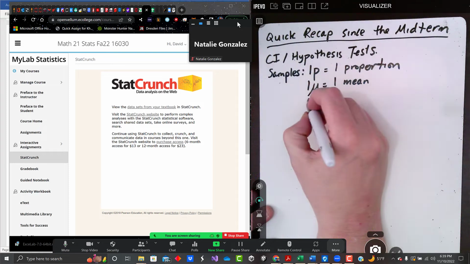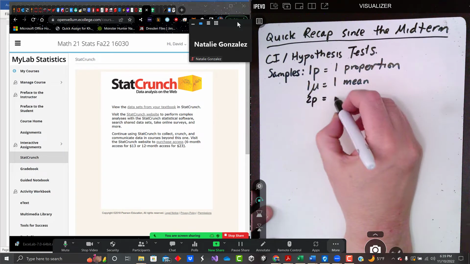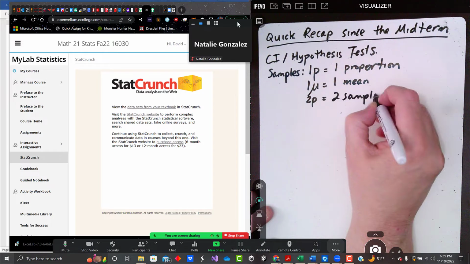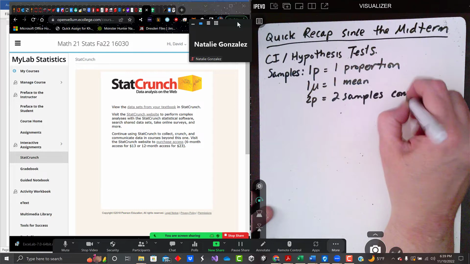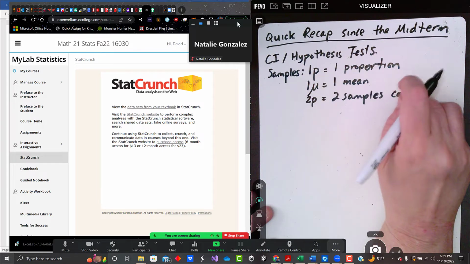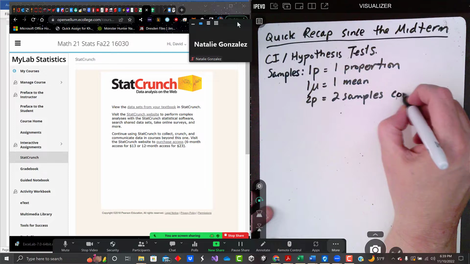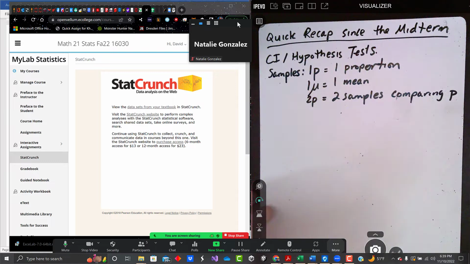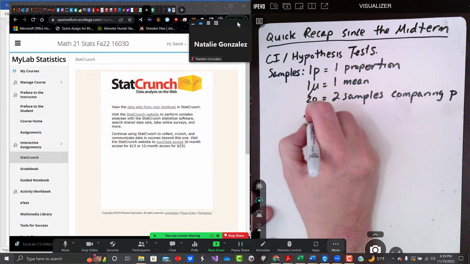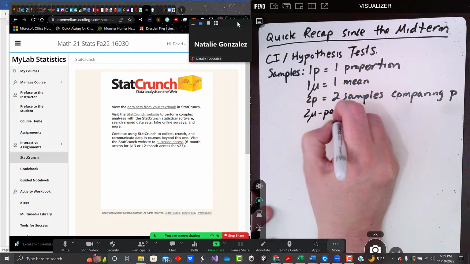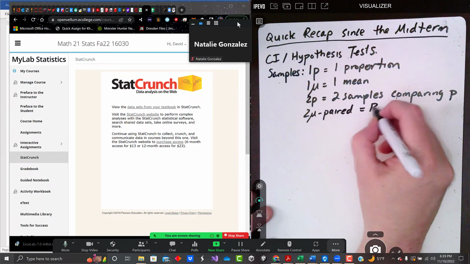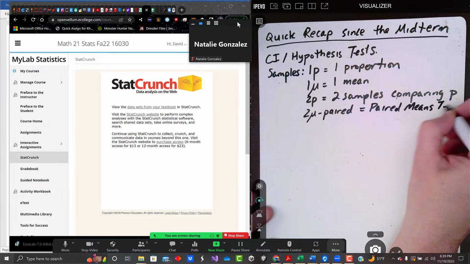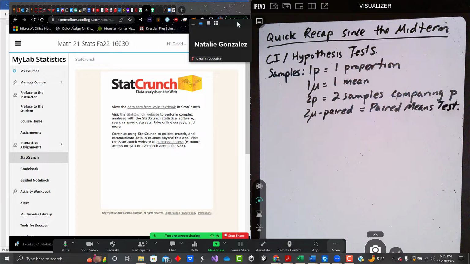We've done two proportions, where we did two samples proportion, comparing proportions. And we've done 2 mu paired, so we've done the paired means test. Today we're adding 2 mu unpaired.